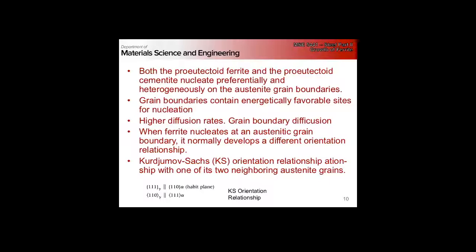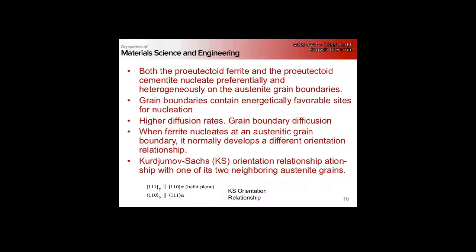Okay. So as we're cooling slowly, whether we're hypo or hyper, the pro-eutectoid ferrite and the pro-eutectoid cementite are going to nucleate preferentially and heterogeneously on the austenite grain boundaries, right?